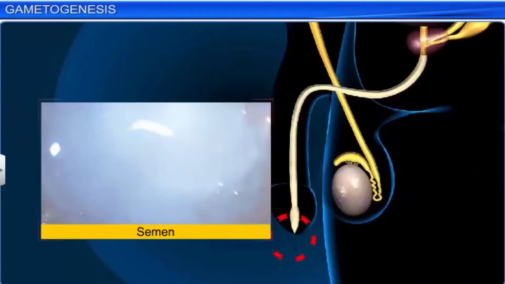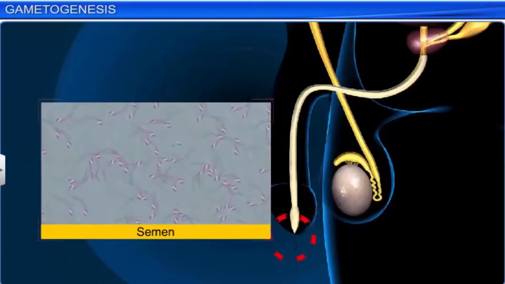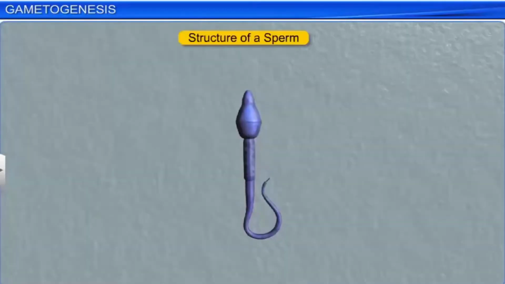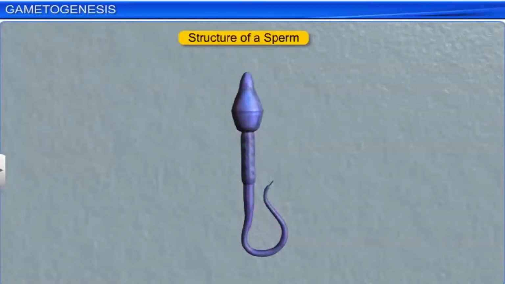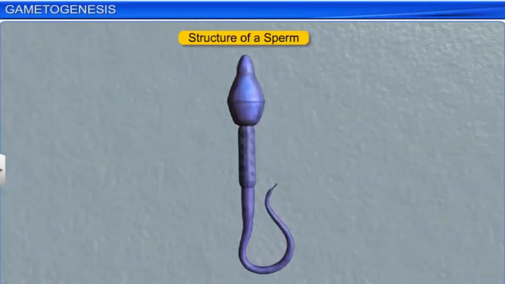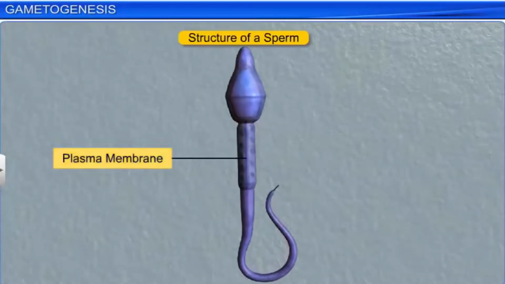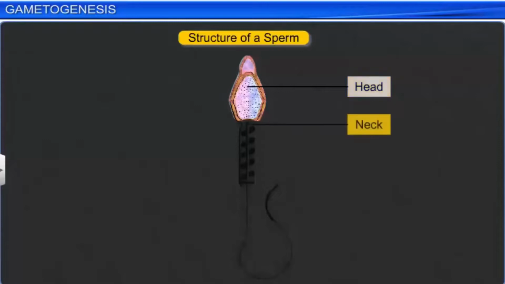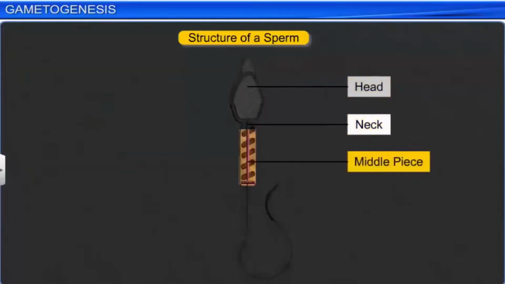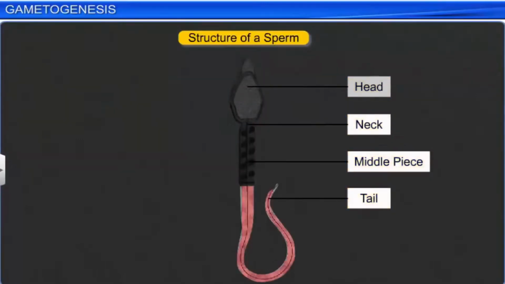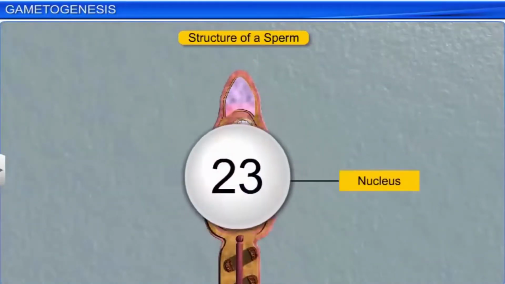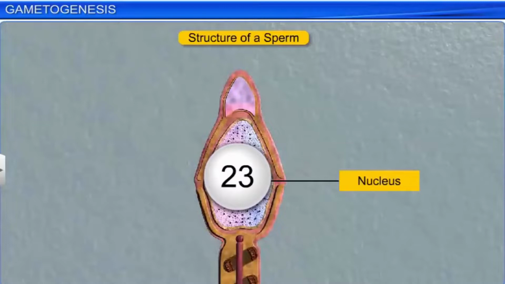Did you know that semen released during a single ejaculation contains 200 to 300 million sperms? Microscopic studies have revealed that a typical sperm is covered by a plasma membrane and has 4 distinct parts: head, neck, a middle piece, and a tail. Inside the head lies an elongated haploid nucleus containing chromosomes.